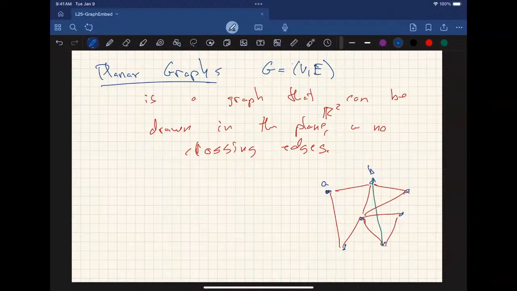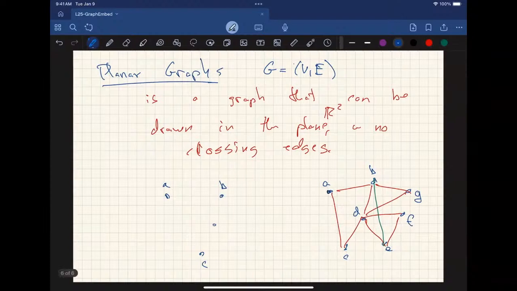If I redrew it, let me label them so you see when I redraw it: A, B, E, F, G. Now let me redraw this carefully. A, B, and C we're going to keep the same, and I have D here. We're going to have these edges as we did before.